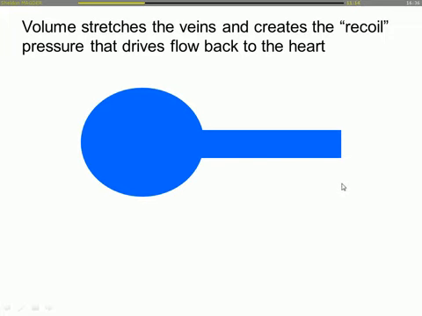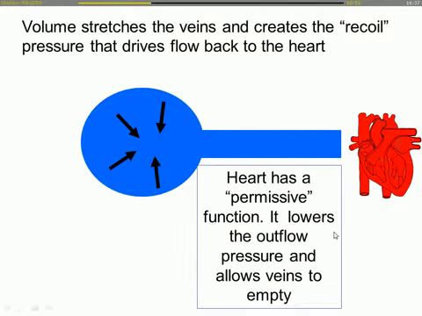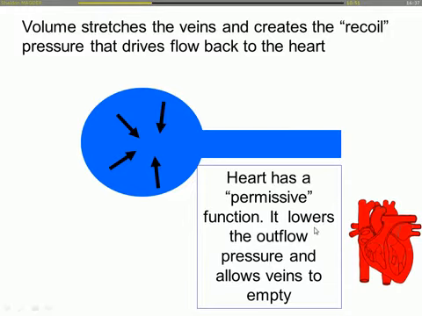So let's now, with that little background, let's get on to what happens with the heart and the lungs. But before I do that, I need this little primer on how the return of blood comes back to the heart and how the heart deals with it. So the model I like to think of as an elastic balloon that's emptying through a resistance. And what the heart does in this model, it is permissive. By lowering the downstream pressure, it allows that balloon to empty.